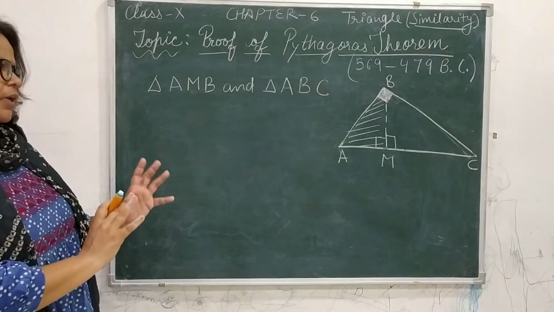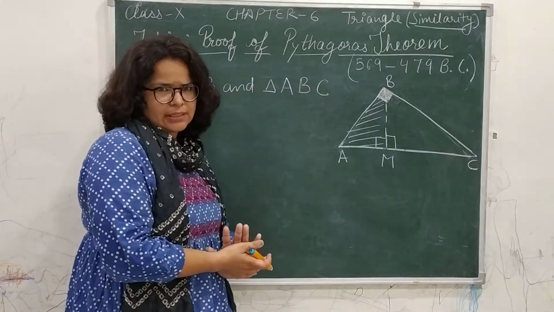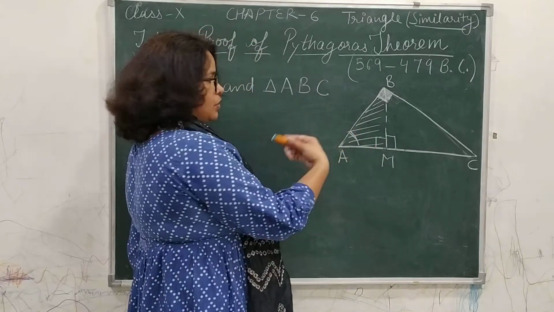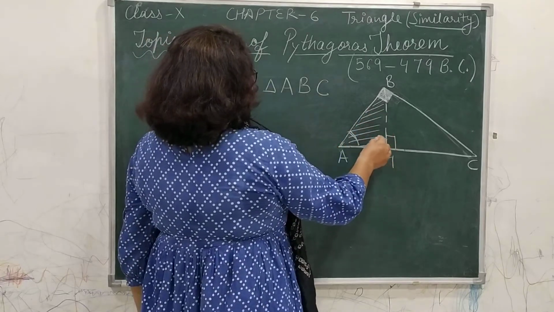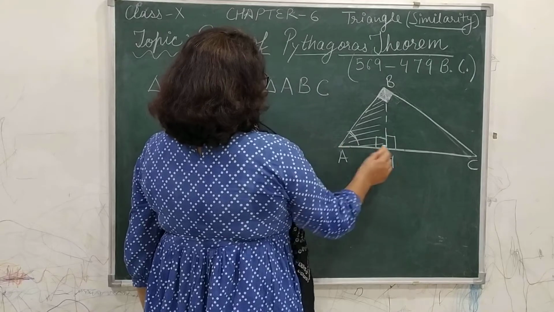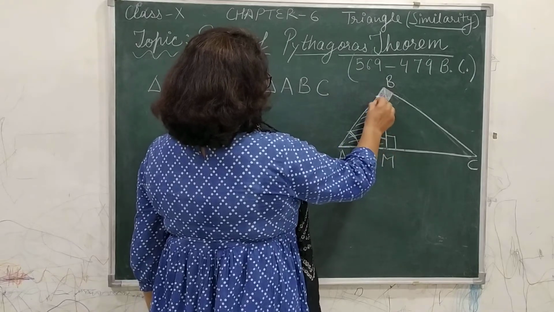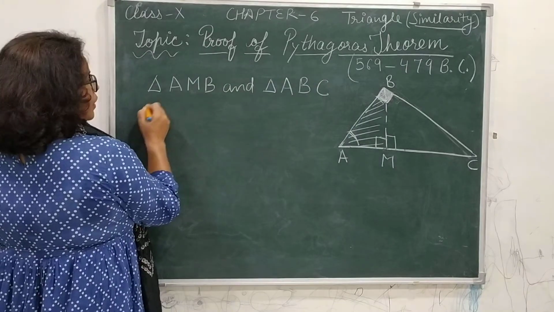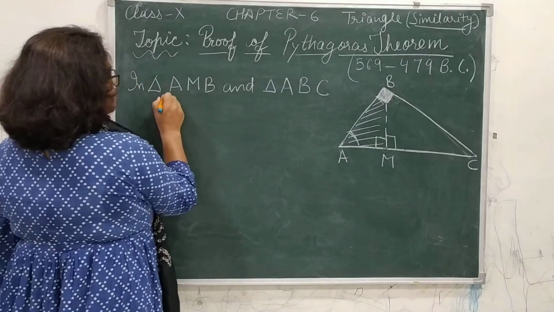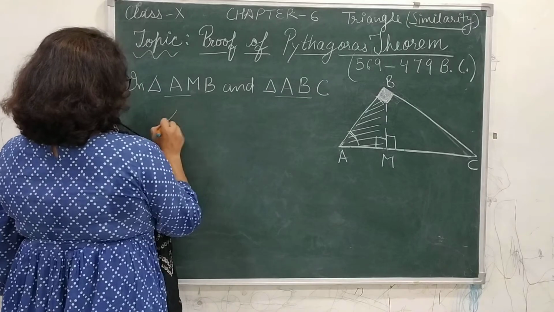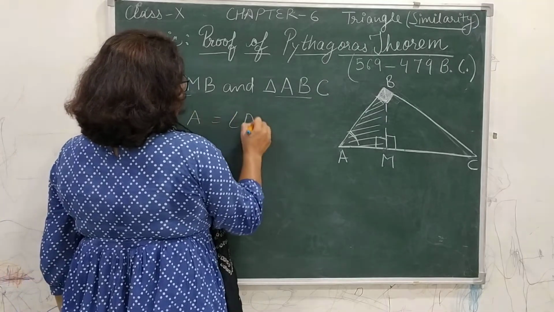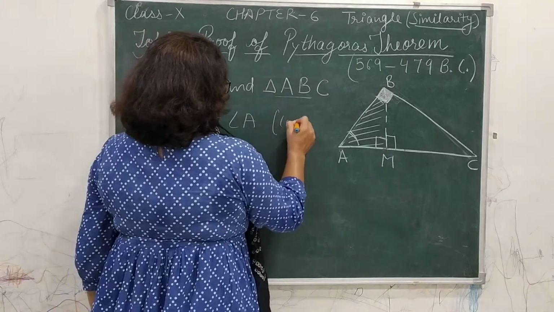In these two triangles, if you observe, there are two angles that are equal to each other. One is this angle A equals to itself, it's a common angle. And angle BMA or AMB is equal to angle ABC. So let us write down this. In these two triangles, angle A is equal to angle A, the common angle.